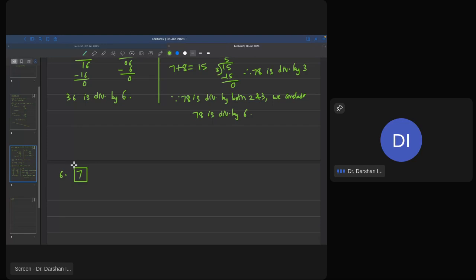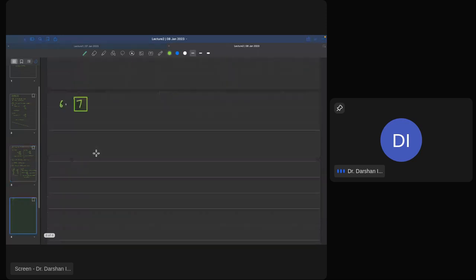Here I say, it says, if the last digit of the number is doubled, now this is a little bit complex, just follow it.